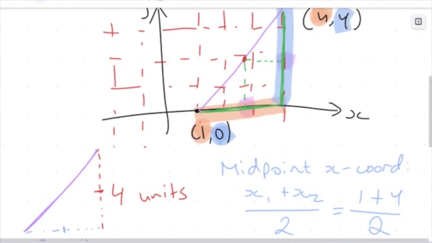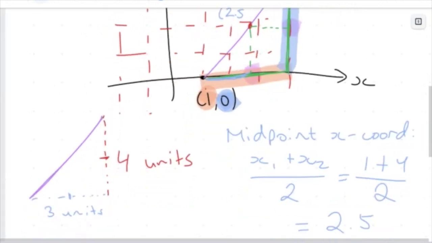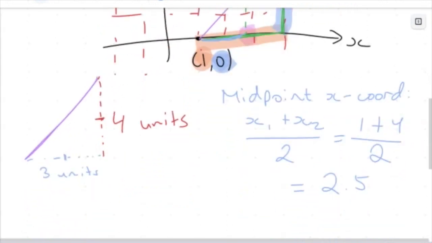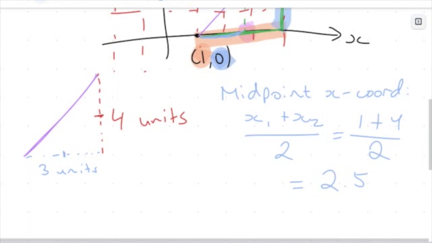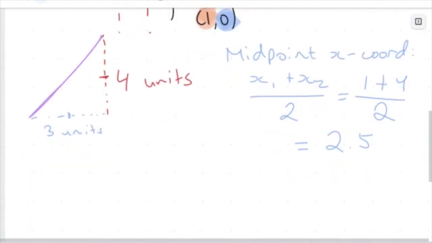Because 2.5 is the number directly in the middle of 1 and 4, because there are 2.5 units separating the midpoint from either side here. So finding the midpoint is all about just averaging out the 2 coordinates.